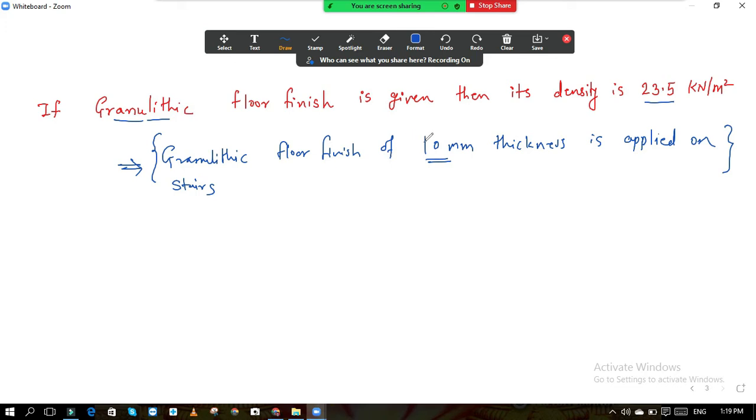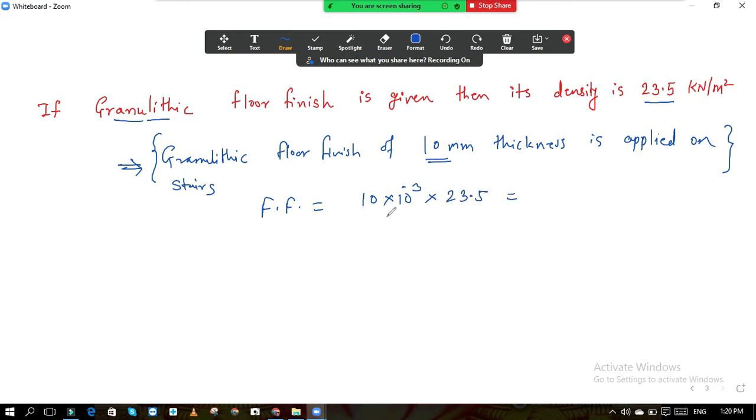Then what you need to do? We always do all our analysis for 1 meter width and per meter length. So to calculate the weight of floor finish, it will be 10 into 10 raised to minus 3, converting mm into meter, into 23.5.